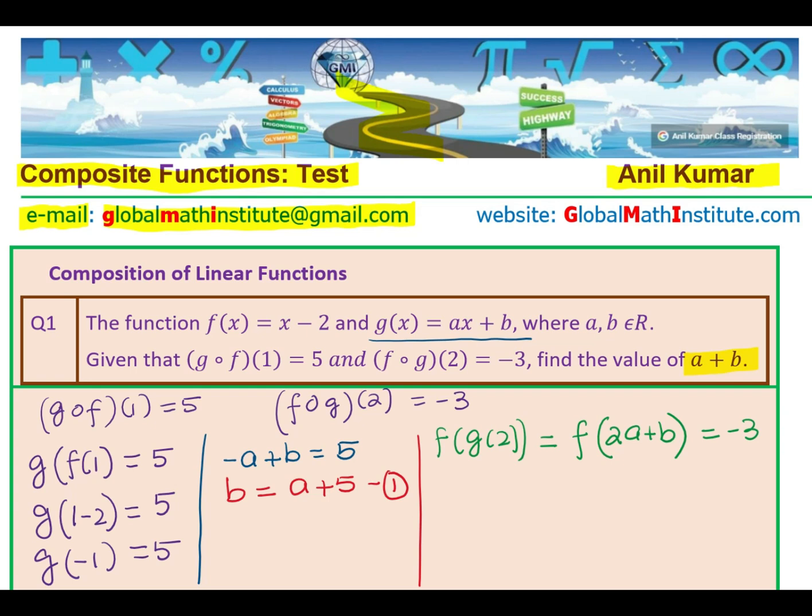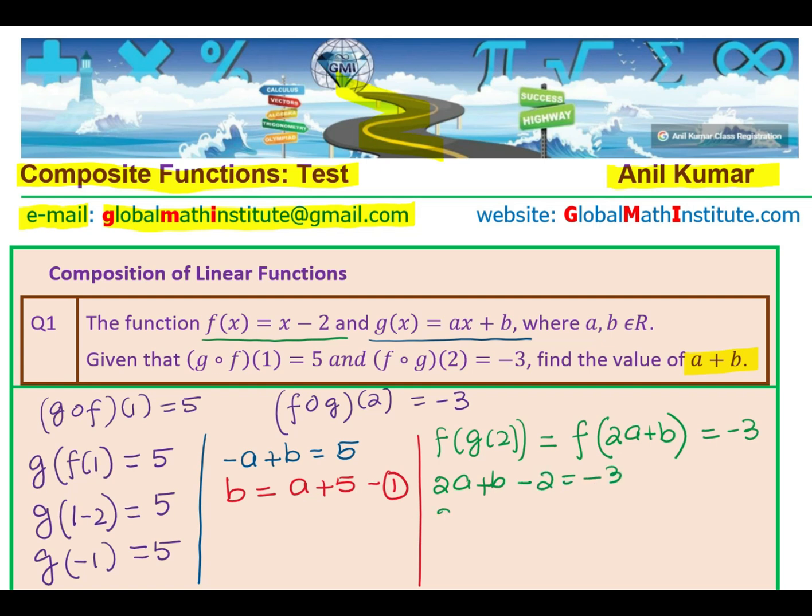Now, f of 2a plus b means I have to now use the function given to us, which is f of x is x minus 2. Replacing x with 2a plus b, I get 2a plus b minus 2 equals minus 3.